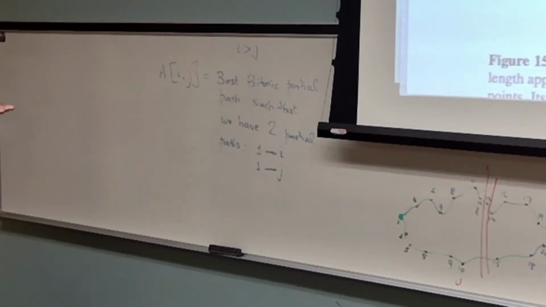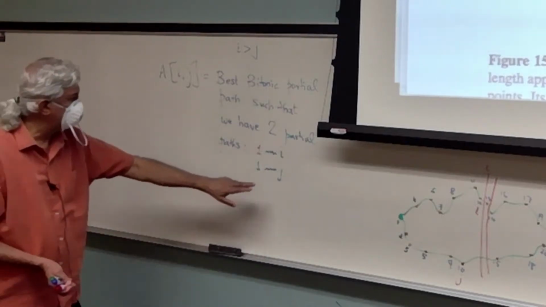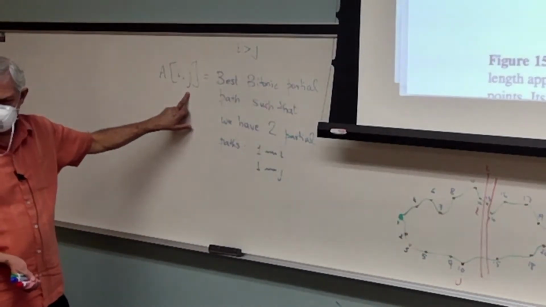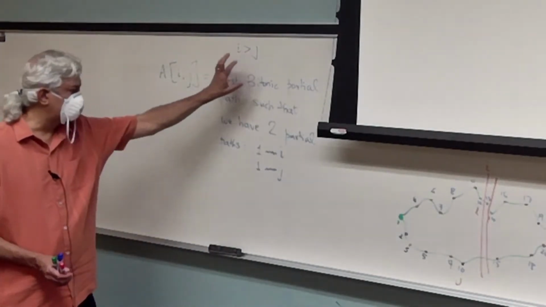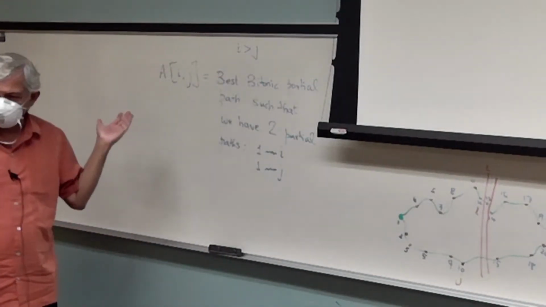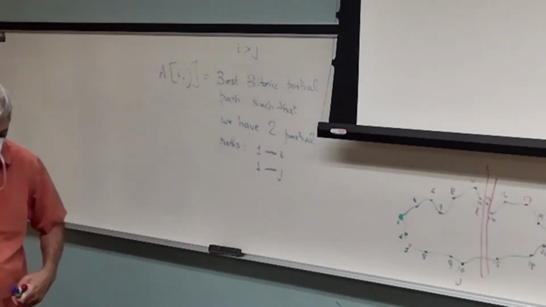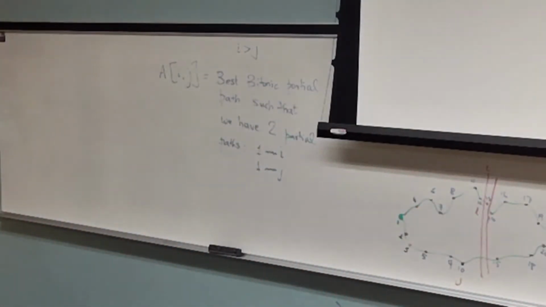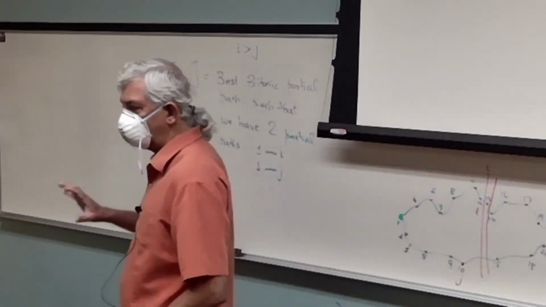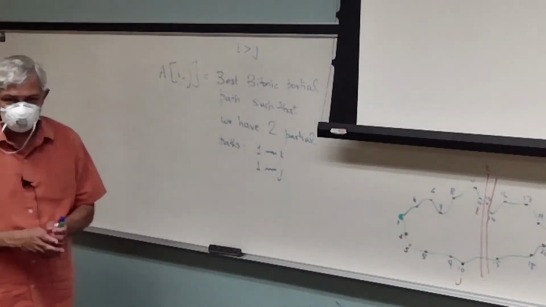The first one went all the way up to i. The second one, we have to decide where to end it and keep track of this. And we'll make that the second parameter here. We'll call that j. By the way, the second parameter could be larger than the first parameter. We don't know, but we'll allow that also. So essentially, this is a subproblem and a solution to a subproblem.